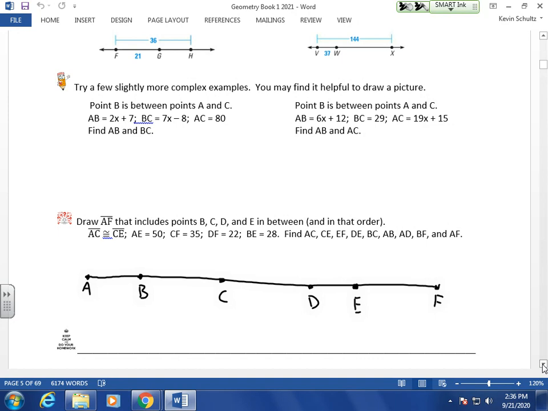All right. We know that A to E is 50. What other information can I glean from that? That if AE is 50, Elise, the distance from A to C is 25.